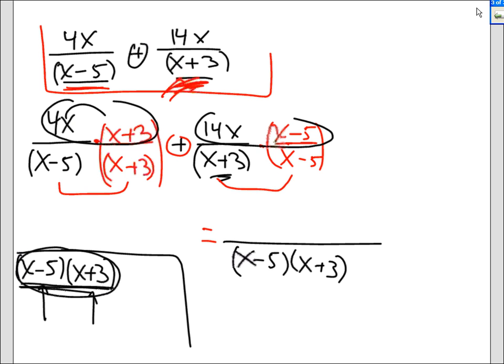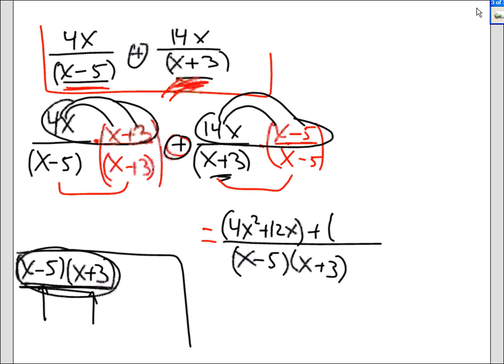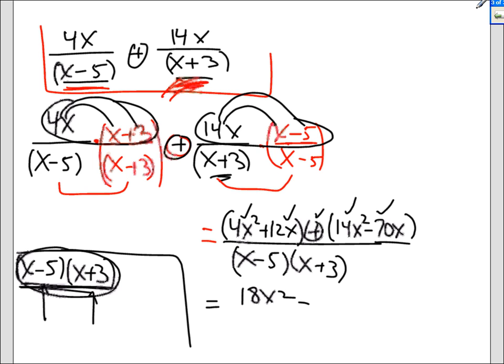The first numerator is 4x squared plus 12x, plus 14x squared minus 70x. And when we add 4x squared plus 14x squared, you get 18x squared. Positive 12 plus negative 70 is negative 58x. Divided by x minus 5 times x plus 3.